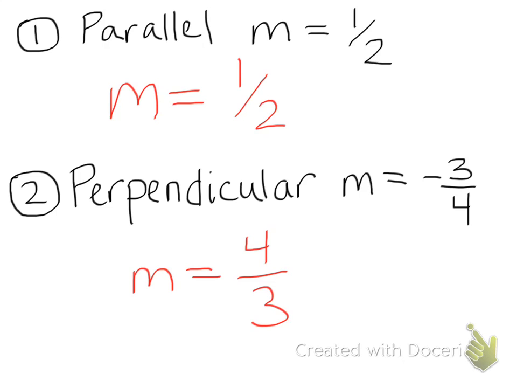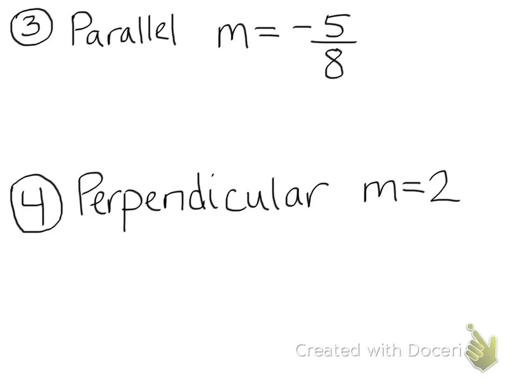Right now I want you guys to try number 3 and 4 on your own, so pause the video and start up when you're done. Number 3, we're trying to find the slope of a line that's parallel, so this would be the same slope. So it would be -5/8.